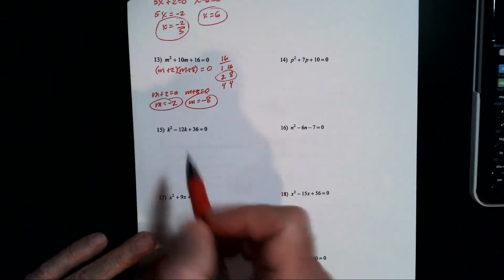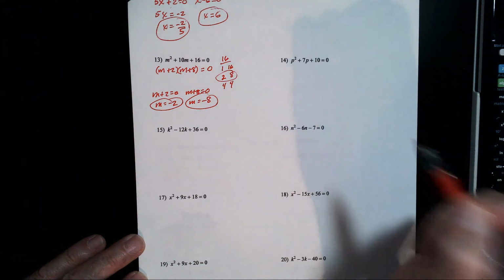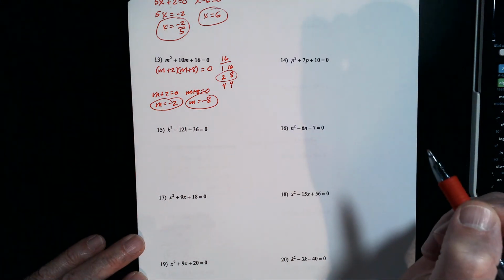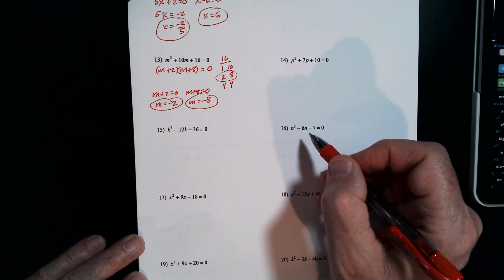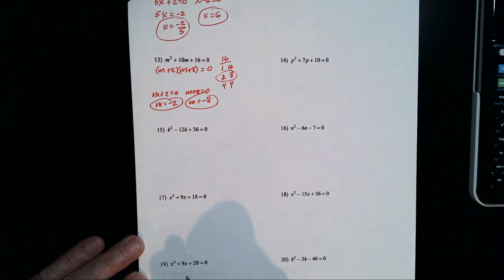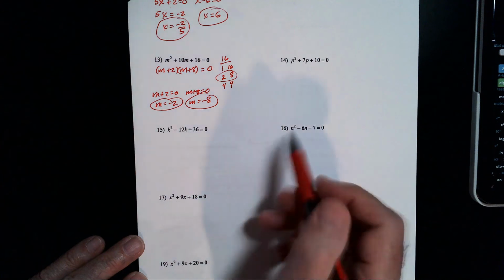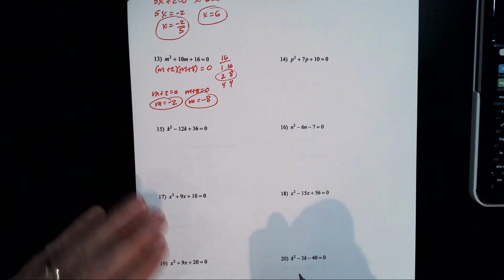Now, I will tell you, when you've got negatives involved in these, I'm going to do 15 and 16 with y'all, and then probably 19, because 16 is a little bit weird too. But number 20 would be like 16 for y'all, so that'd be a good example.